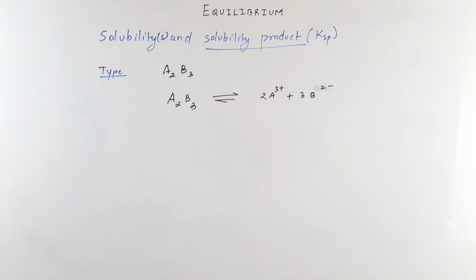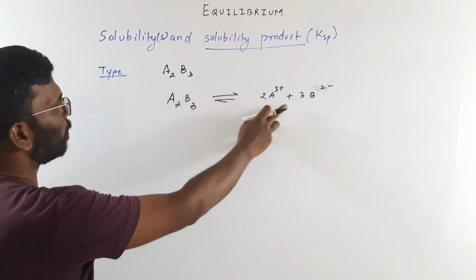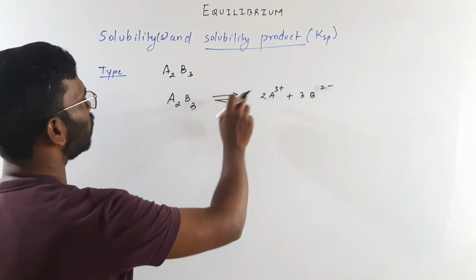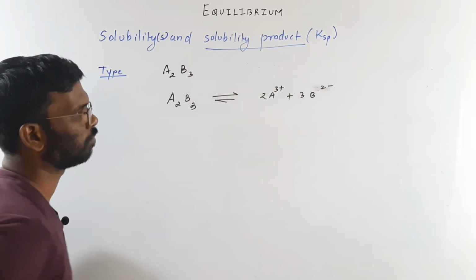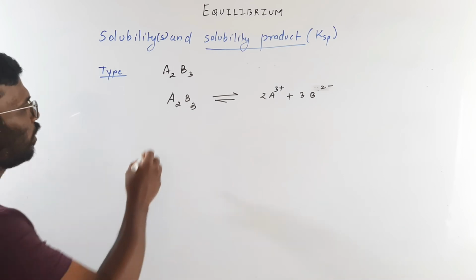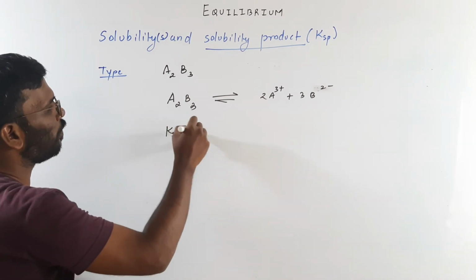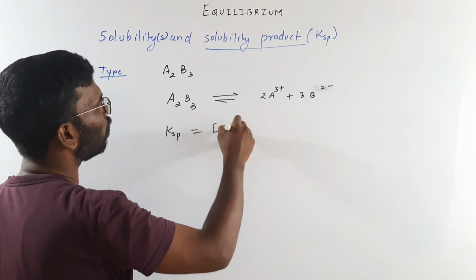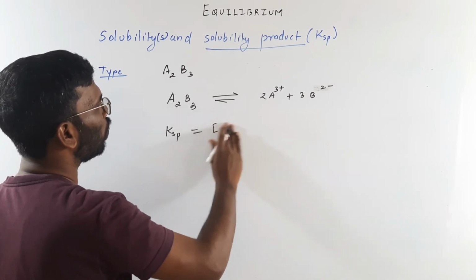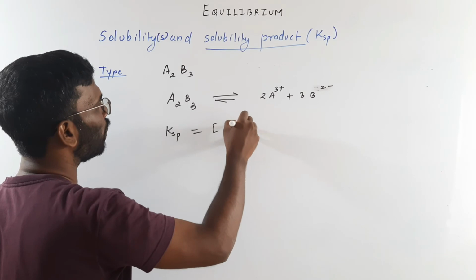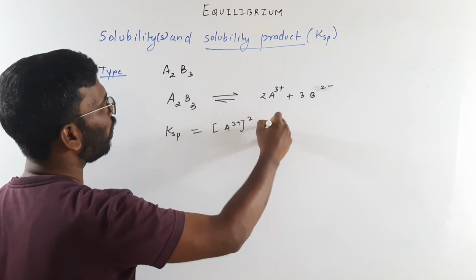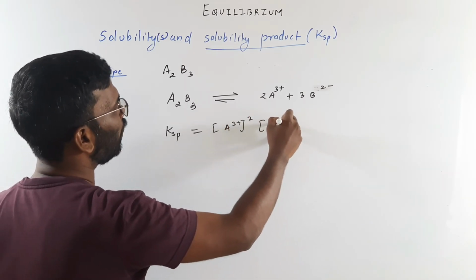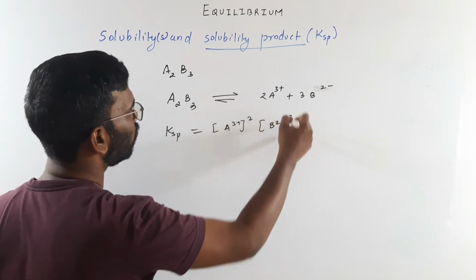It will dissociate this way: 3 ions of this with minus 2 charge, and the charge is balanced. So here KSP is equal to the concentration of A3 plus raised to 2 and the concentration of B2 minus raised to 3.